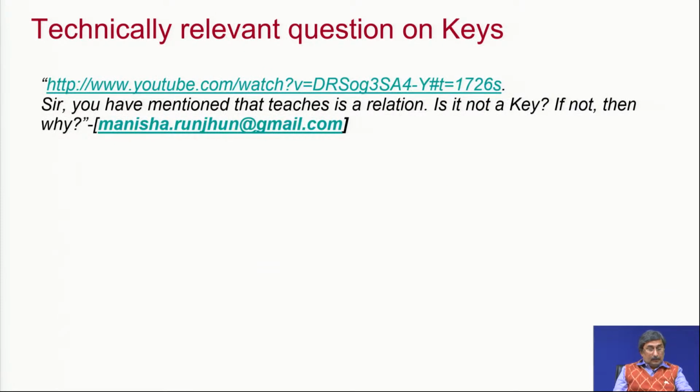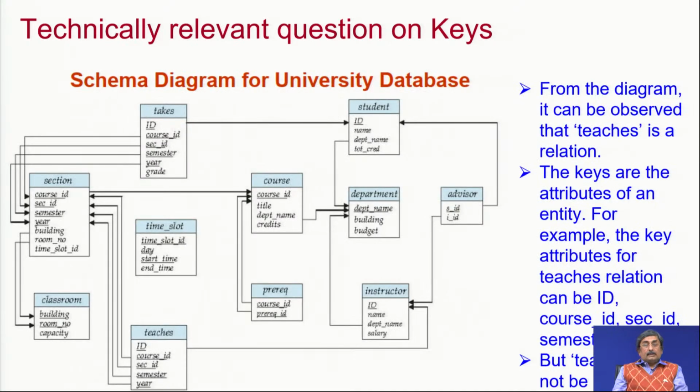Now, Monisha Runjun asked us, showing this diagram, at the second column, last row, there is a rectangle named teaches, and the question is, is teaches a key? First of all, what is this diagram?